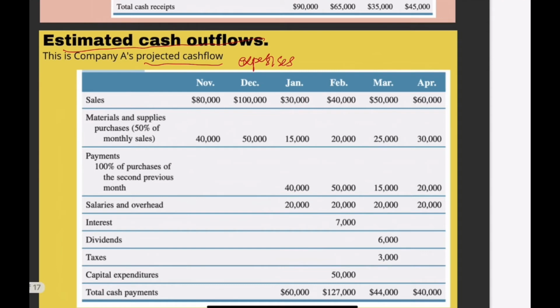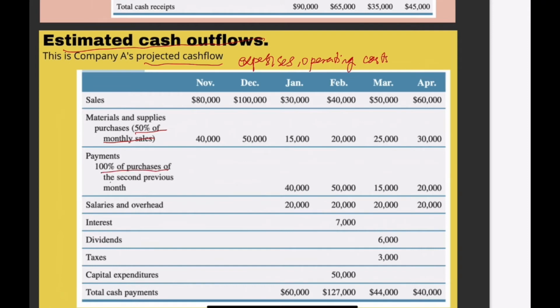So we can also forecast this with the use of our sales forecast. Let's say, for example, for this table, materials and supplies purchases will be 50% of the monthly sales. So if our projected sales will be 80,000, our expenses for that month will be half of that, which is 40,000.